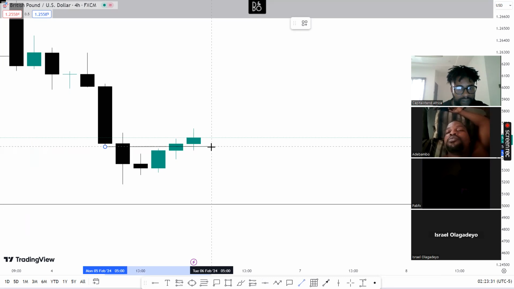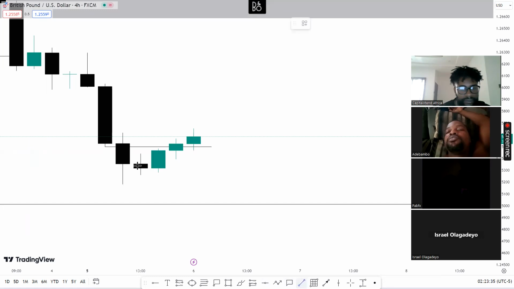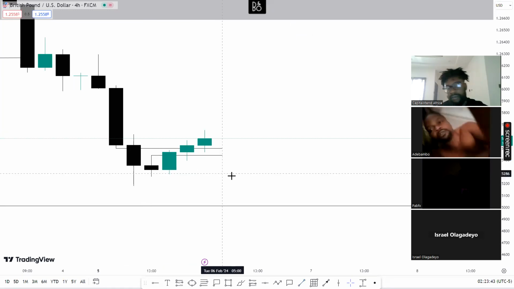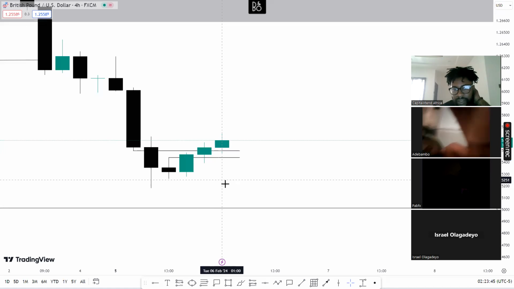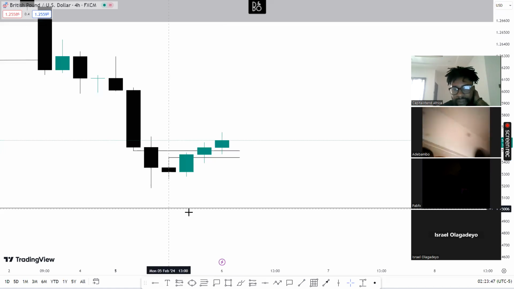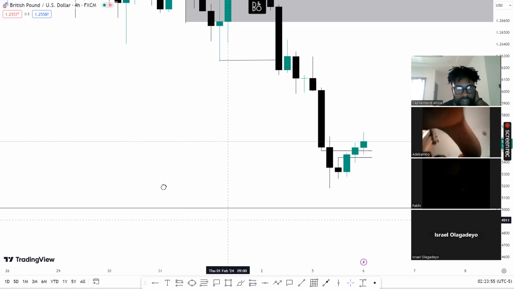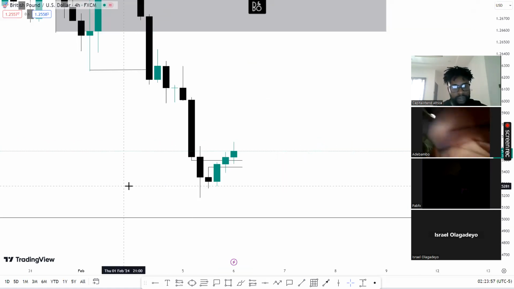I can see price closing above this inversion, which is a nice thing, but no external range liquidity was taken out. This major low here was not taken out. So going down to the 5 minutes.